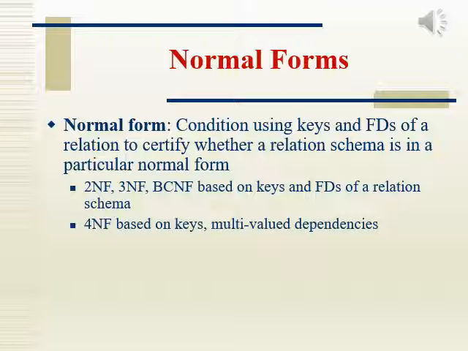Second normal form, third normal form and BCNF are all based on functional dependencies in a relational schema. But 4NF, that is fourth normal form, is based on the key of multi-valued dependencies.